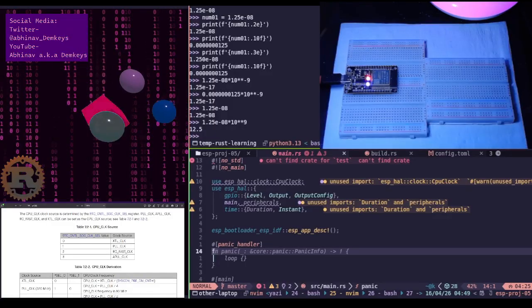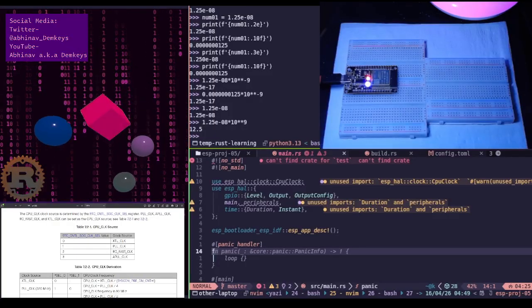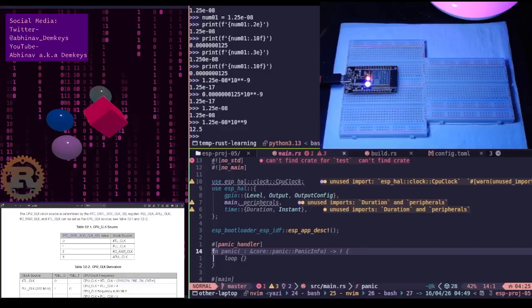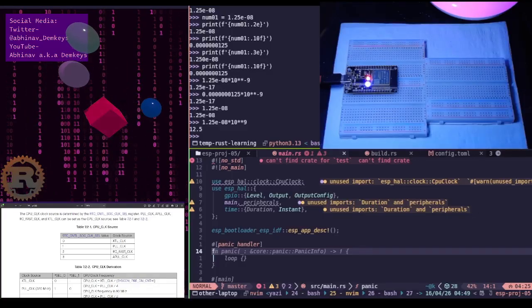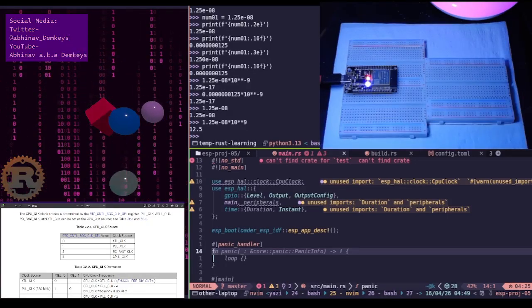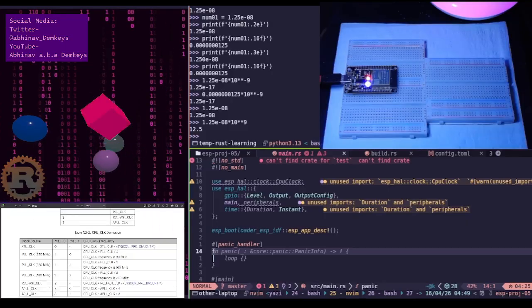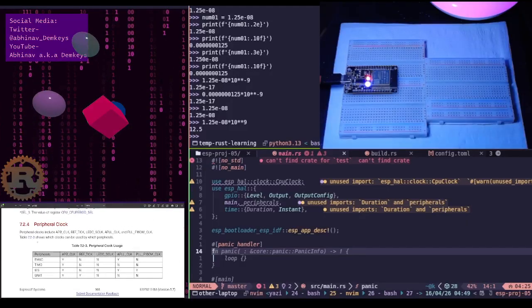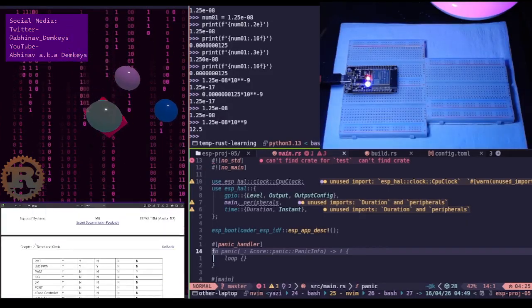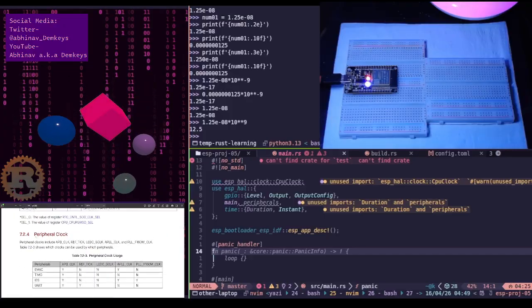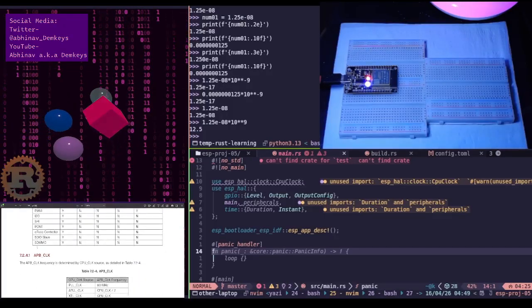Sorry, got distracted. Okay. So we have the APB clock frequency. It's not mentioning the source, is it? Hold on. Wait.